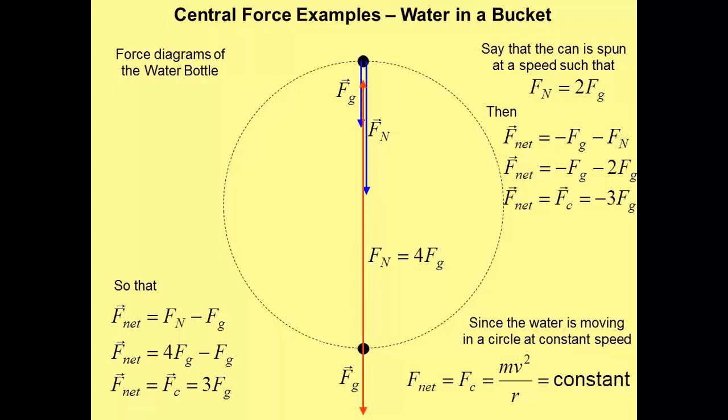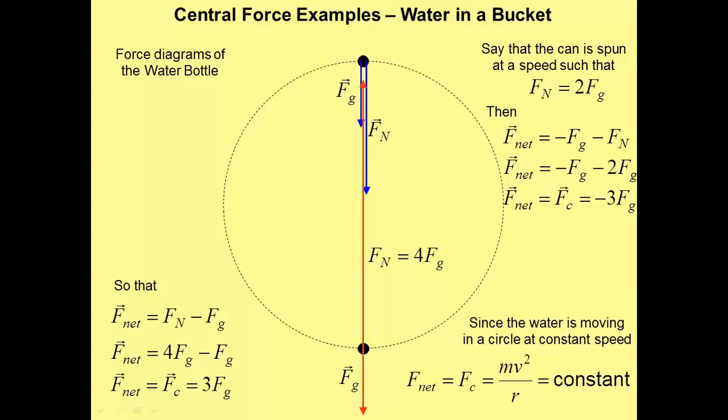Kind of interesting. But notice here, at the top, that normal force is smallest. At the bottom, that normal force is biggest. Why? Well, it's got to do with the direction of the force of gravity. At the highest point, the force of gravity is pointing inward, down. And so the force of gravity is helping create that net centripetal force that we need to keep it moving in a circle.